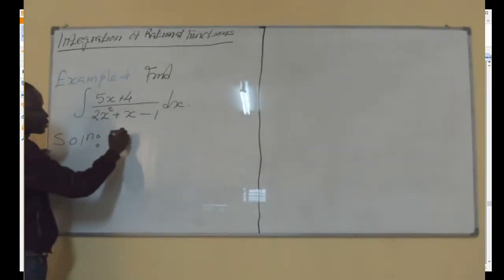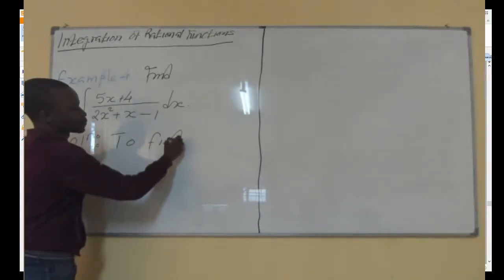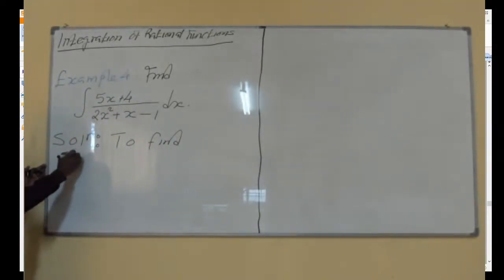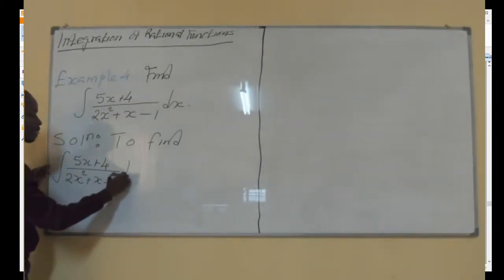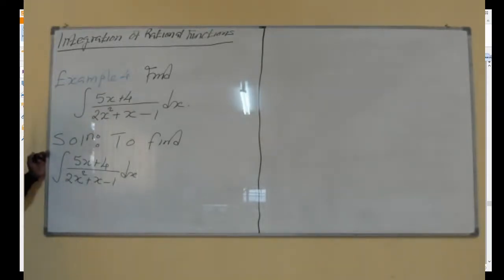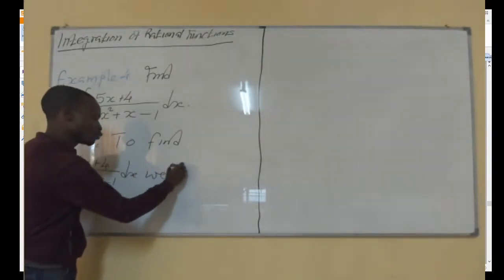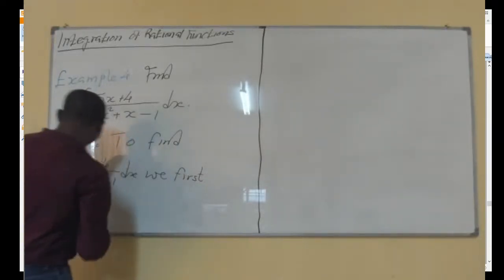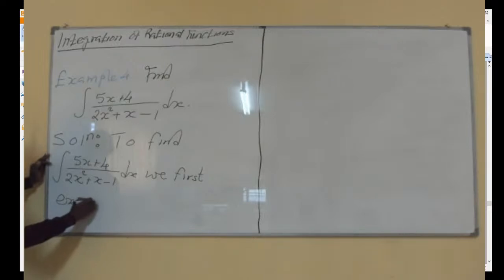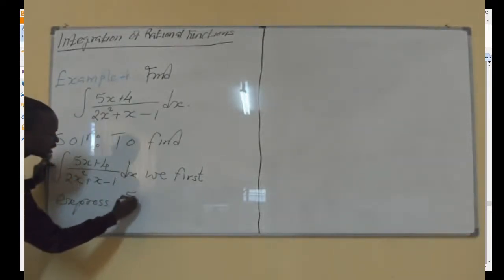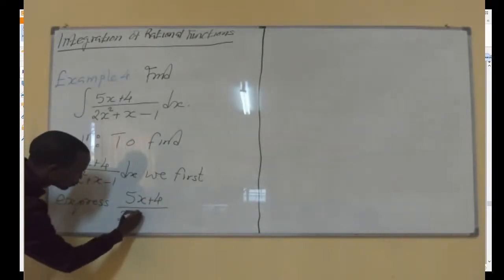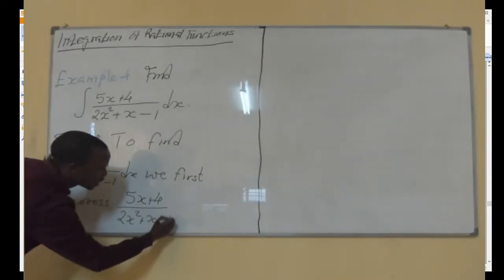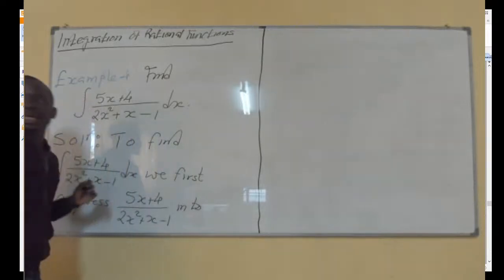So to find the integral of 5x plus 4 over 2x squared plus x minus 1, we first express the integrand 5x plus 4 over 2x squared plus x minus 1 into partial fractions.